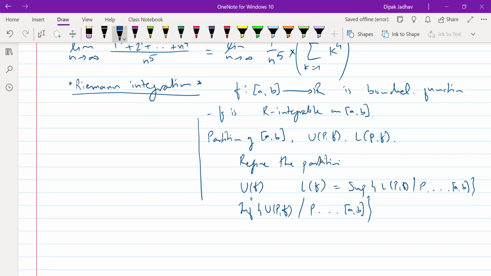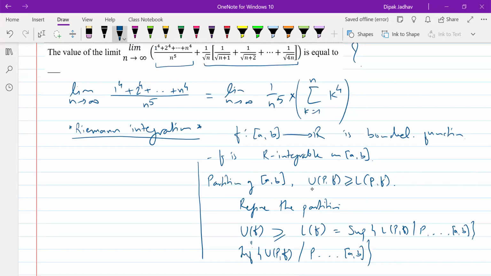There are some obvious relations: the upper Riemann sum is greater than or equal to the lower Riemann sum, and the upper integral is greater than or equal to the lower integral. So f is Riemann integrable if the upper integral matches the lower integral. This limit may look unrelated to Riemann integration, but yes, there is a connection.